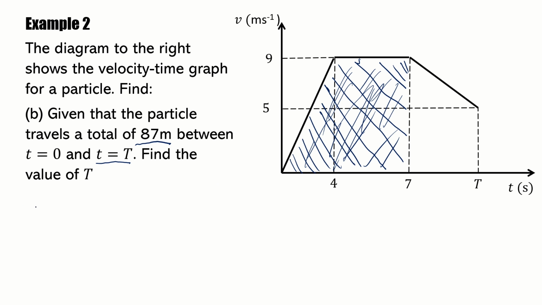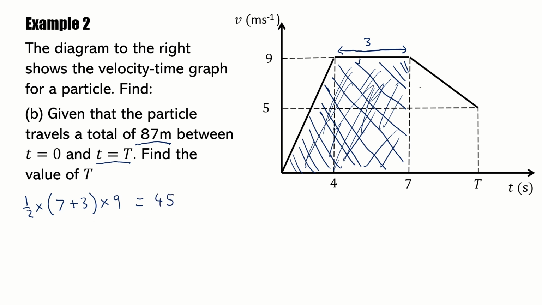So it's going to be half times the sum of the parallel sides, which would be the one at the bottom, which is just 7, because we're going from 0 to 7 on the t-axis, and then the one at the top, which would be an interval of 3, because we're going from 4 to 7, so 7 take away 4 is 3. Then you multiply that by the height, and the height of this trapezium is 9. That's just going to be 10 times 9 divided by 2, which is 45.